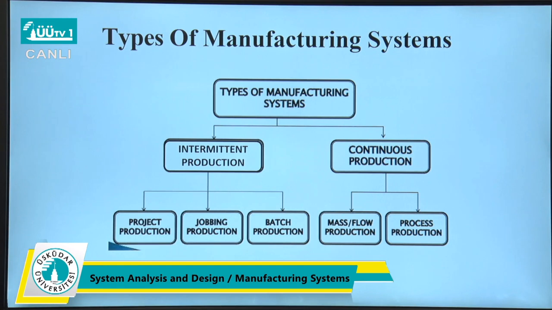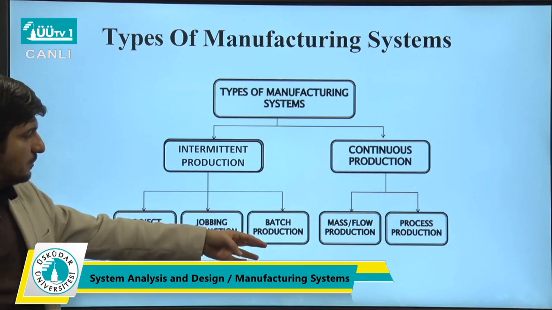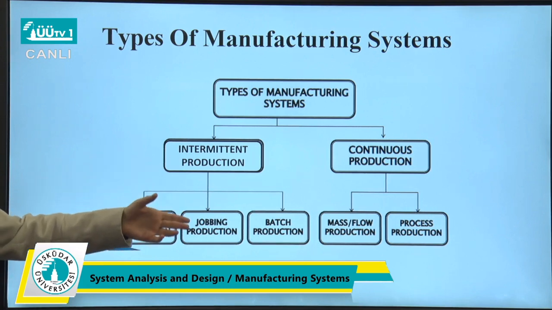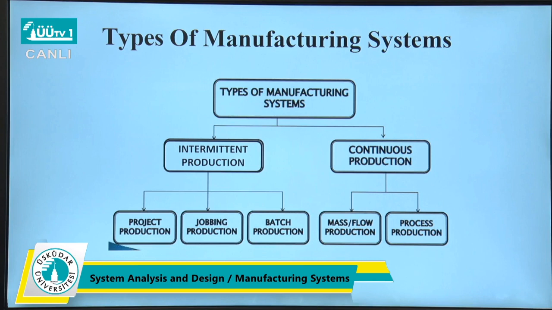Under the discontinuous or intermittent production, we have the project production that we also covered in the project management course, and the jobbing production and the batch production. On the other side, under the continuous production, we have the mass flow production and the process production. So let's take a look at the different types of manufacturing system that we have in our organization.